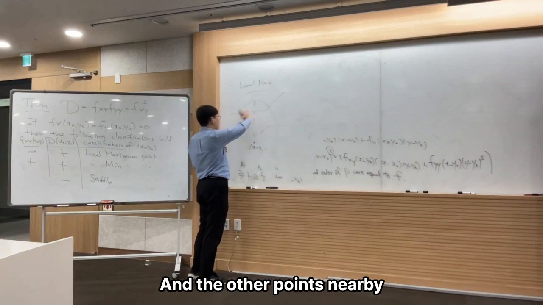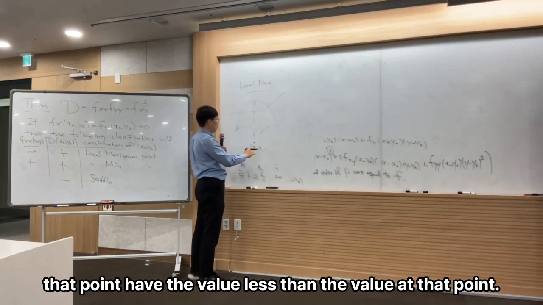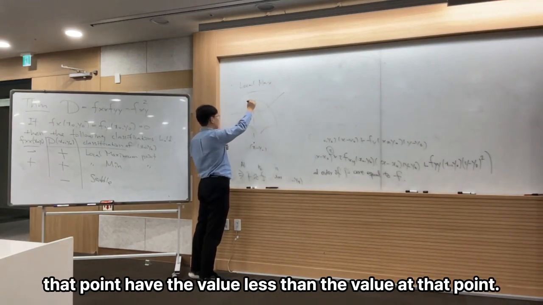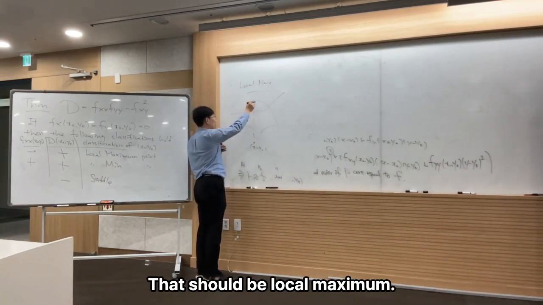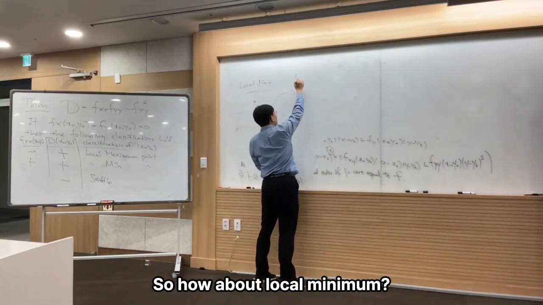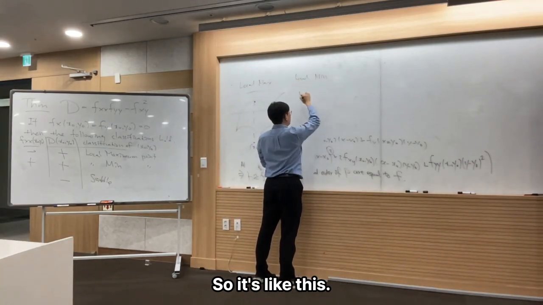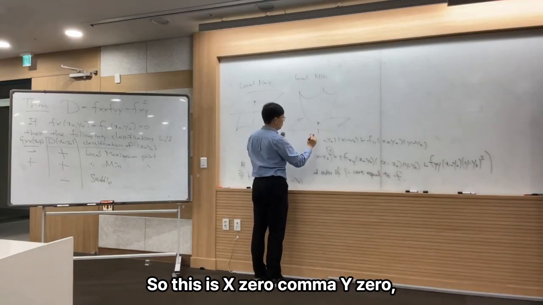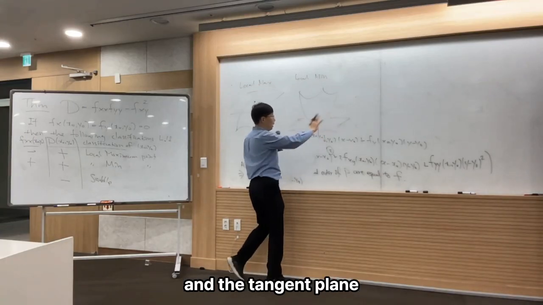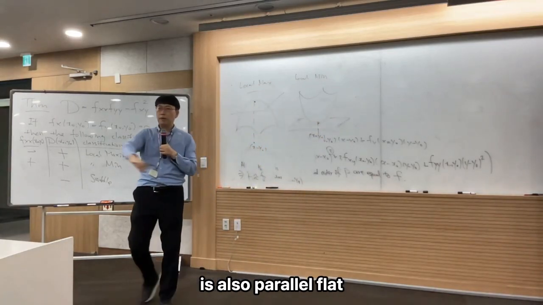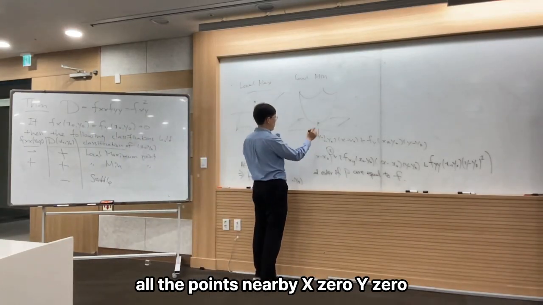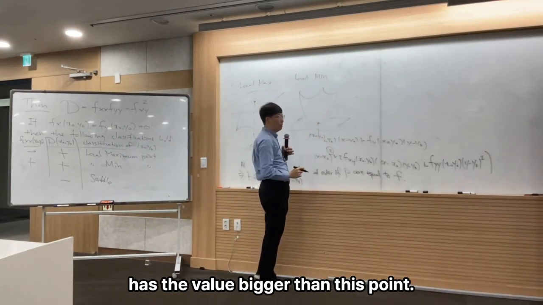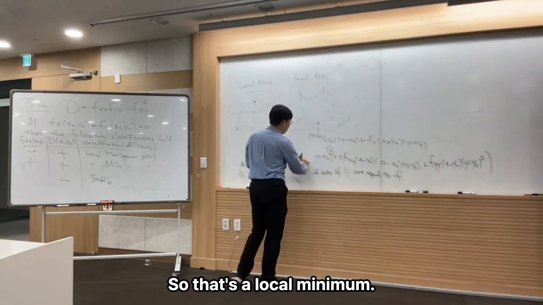And the other points nearby have values less than the value at that point. So that's a local maximum. How about local minimum? It's like this. This is (x0, y0), and the tangent plane is also parallel and flat, but all the points nearby have values bigger than this point. So that's a local minimum.